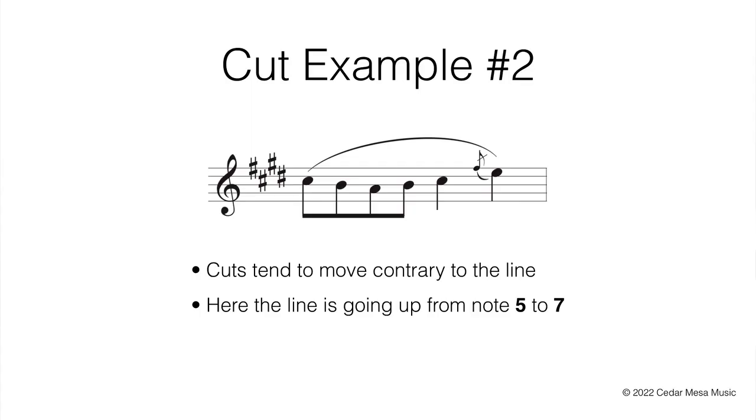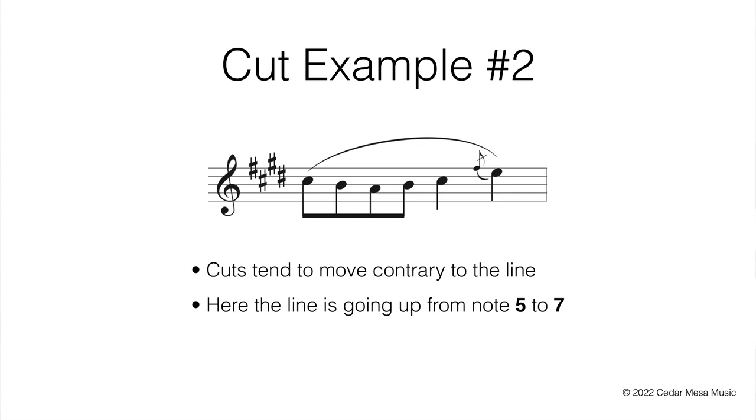Okay, let's go to another one. Again, cuts tend to move contrary to the line. So basically you want the note before the main note, the one that's being embellished, to be below it or equal to. And again, this line starts on the 5 and goes down to a 3, but then it starts to come up. And the note before the embellishment is below the main note, a 5 to a 7.